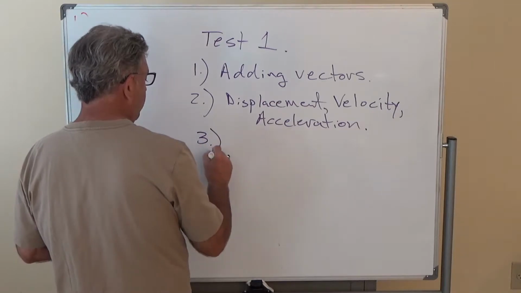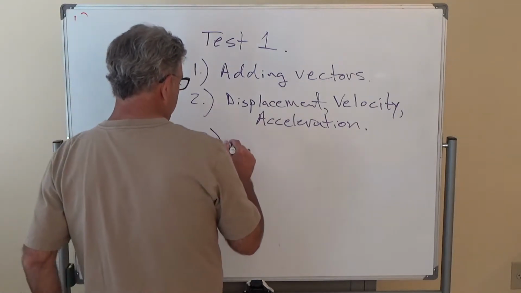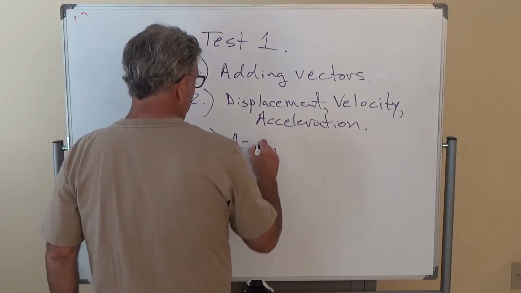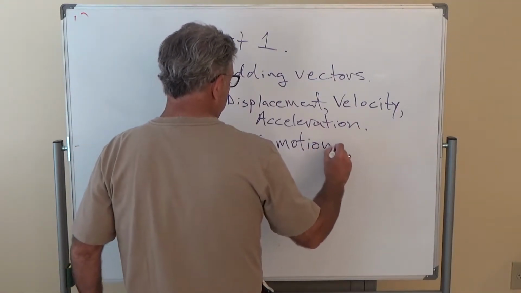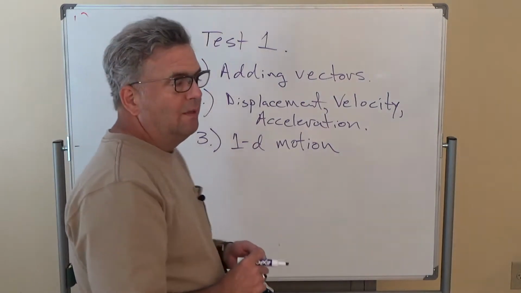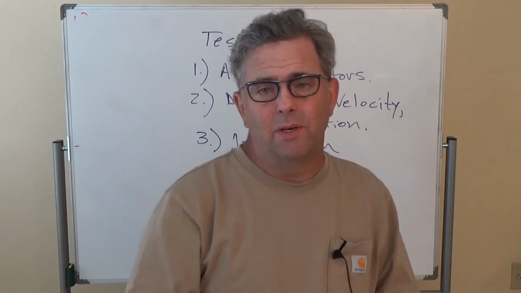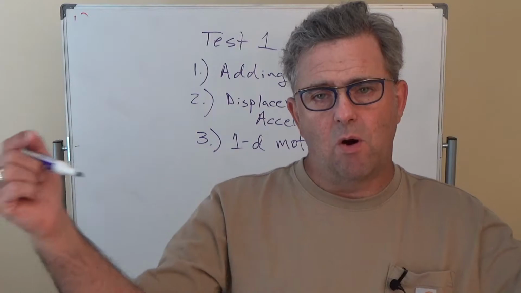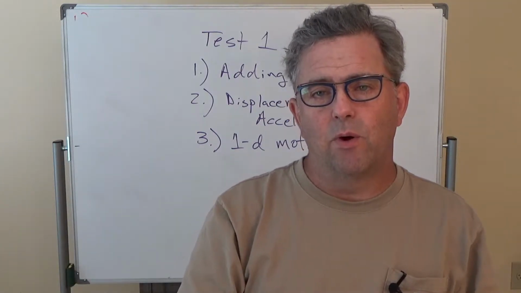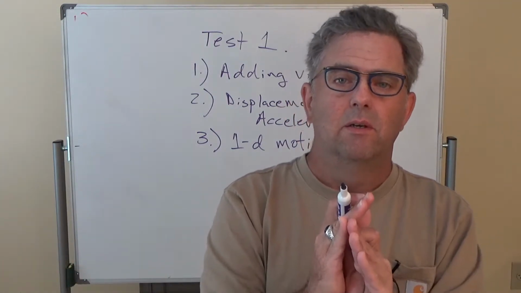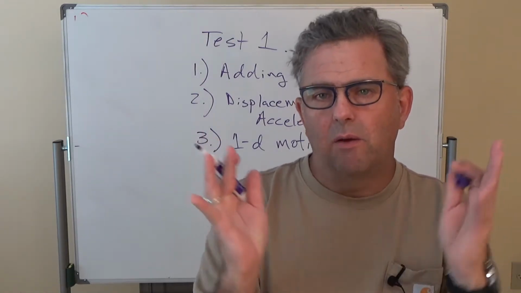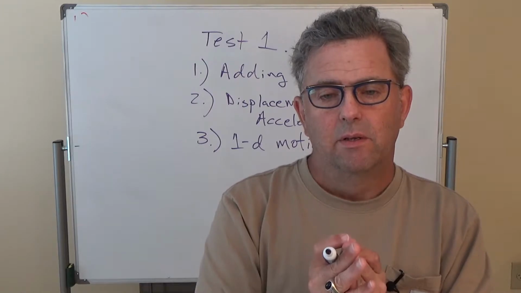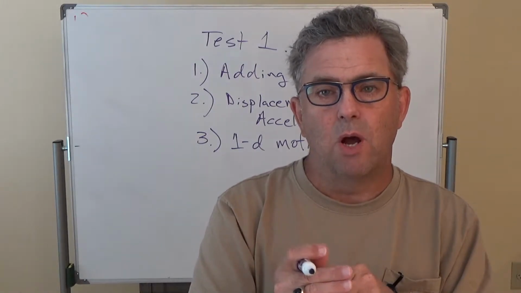Number 3. 1D motion problem. Kind of like the problem that we did with the car and the truck, where you have to find out where they meet, that kind of thing. So a one-dimensional motion problem.